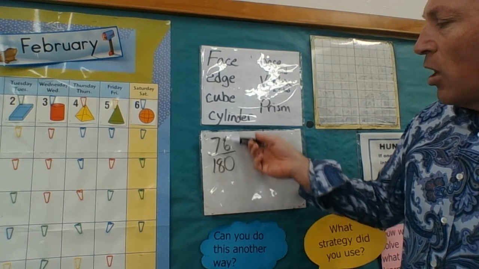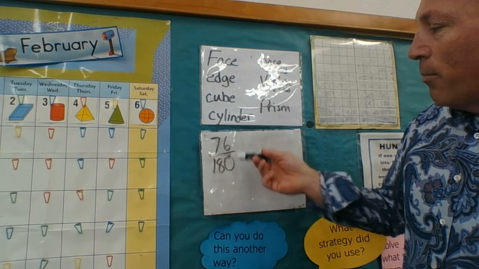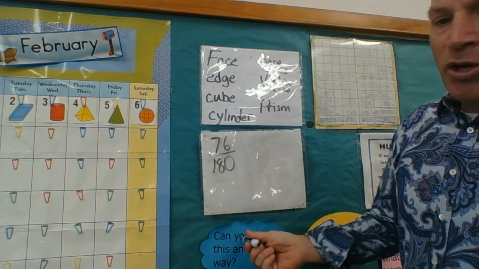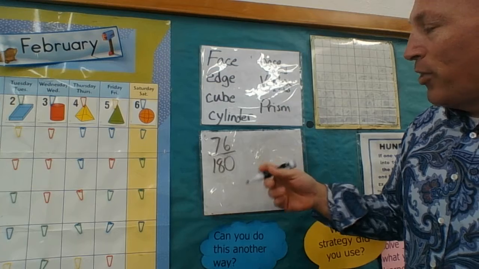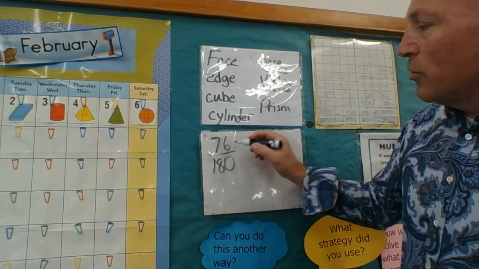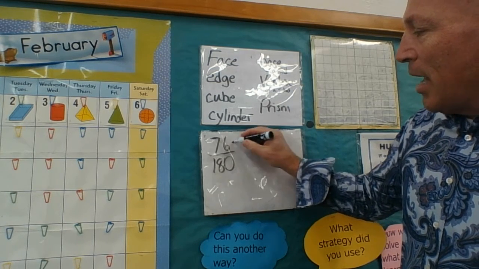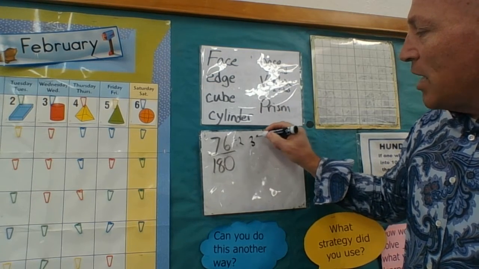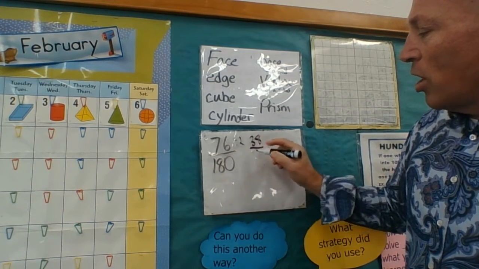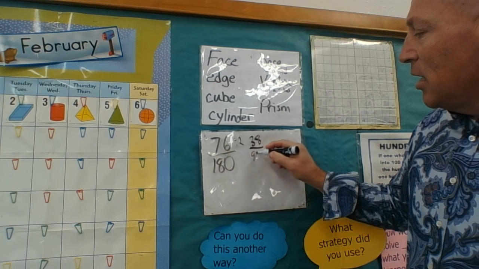Now we've done this for 100 days and luckily both of our numbers are even. So I'm going to do my trick: if I know the numerator and the denominator are both even, I'm just going to cut them in half. And I know 76 divided by 2, the same thing as cutting in half, is 38. And I know half of 180 is 90.